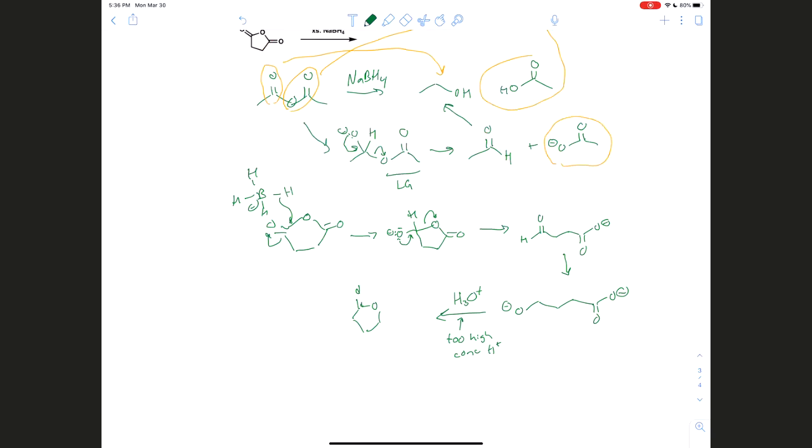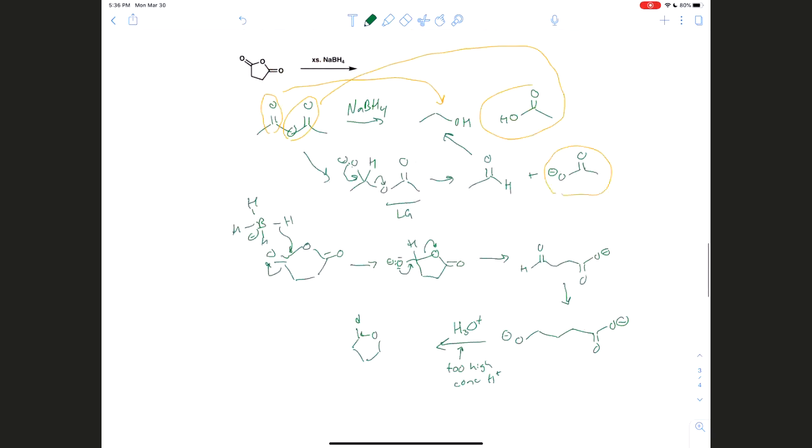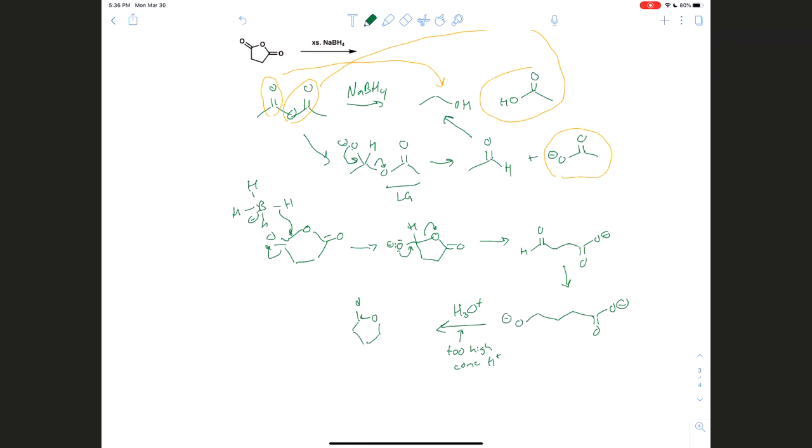In my mind, I always assume there's a workup when I see sodium borohydride, so I would have written the alcohol carboxylic acid form. If you would have added concentrated HCl to work this up instead of dilute HCl, then you might get a lactone as well. But I wouldn't put that as an answer.